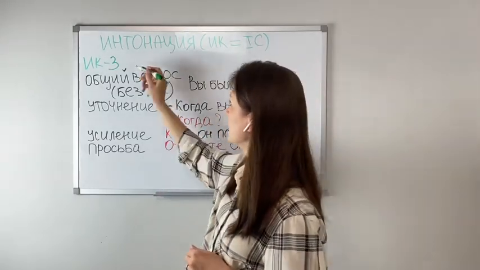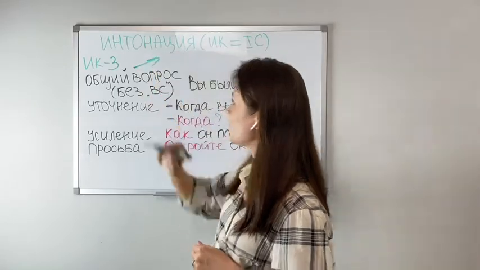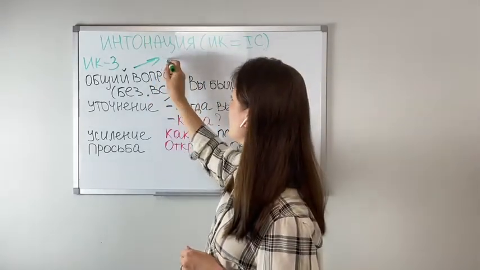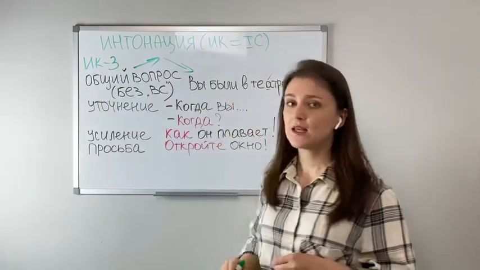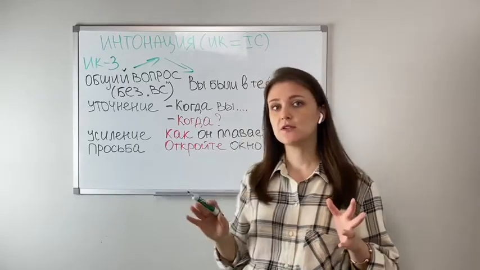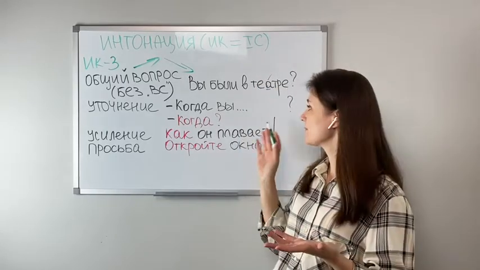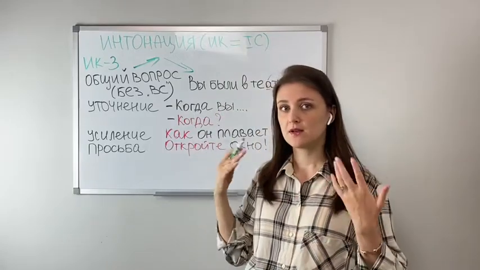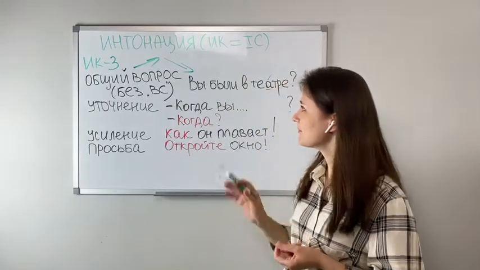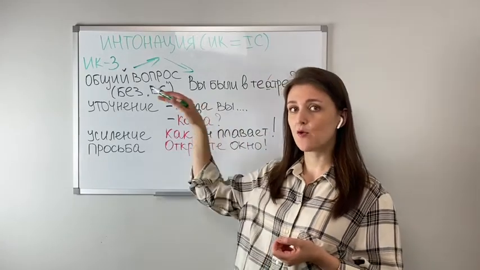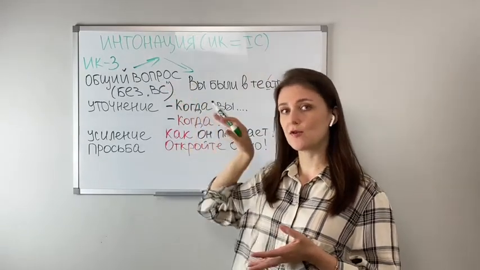First, we raise the tone and then we lower the tone. Even if it's a question, even if it's an exclamation, we do this. When we use this type of tone and construction.